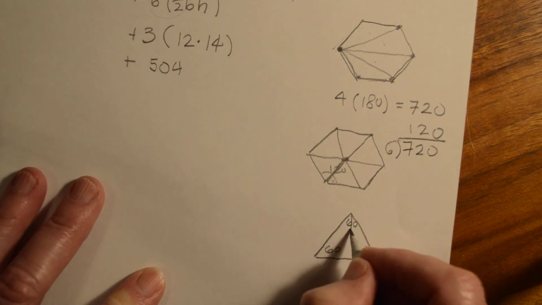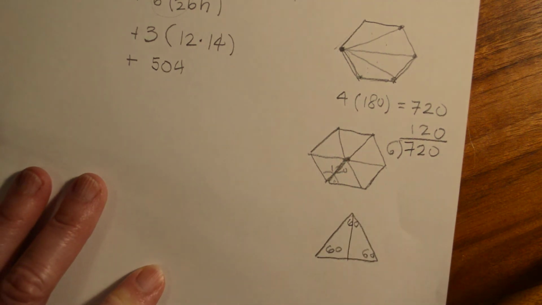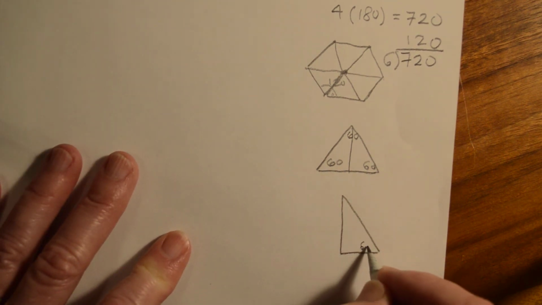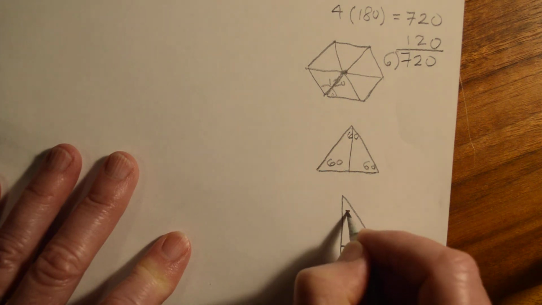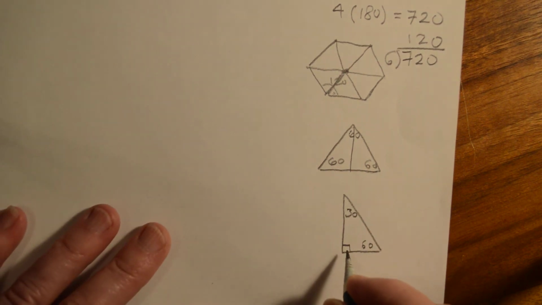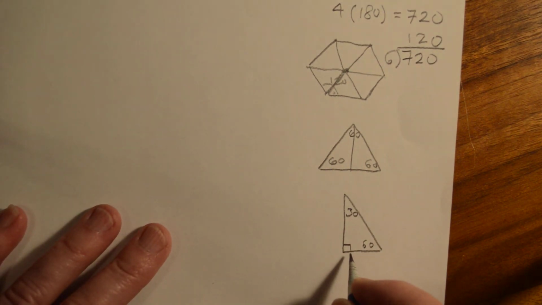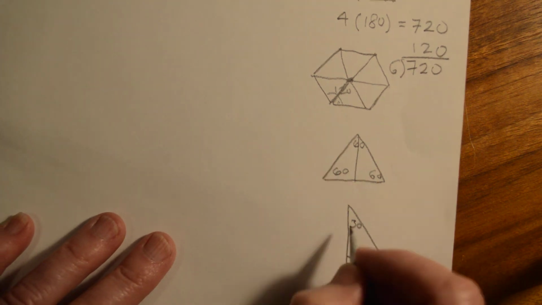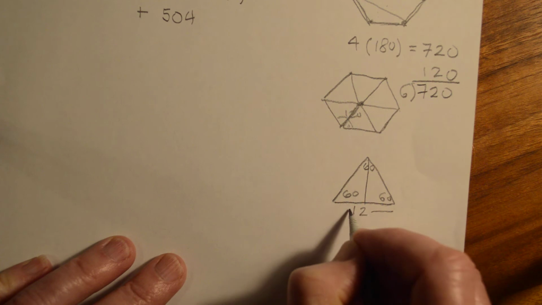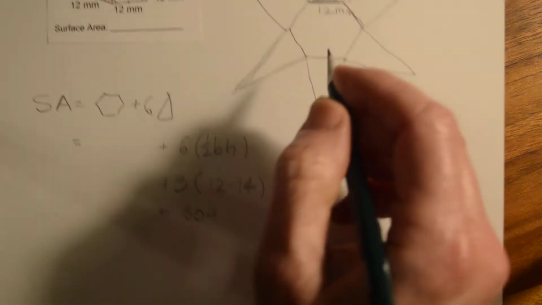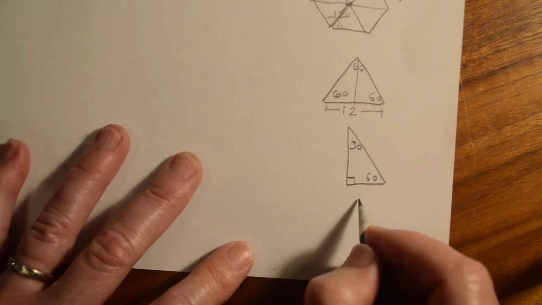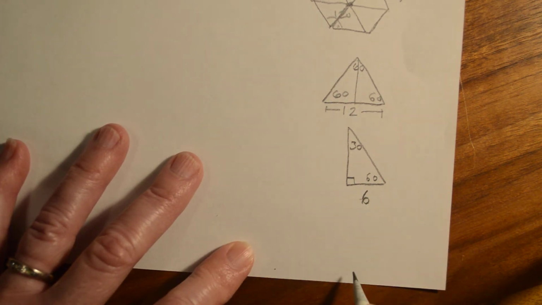And then we split it down the center, and we make 2 triangles that look like this. All right, so 30, 60, 90, one of our special right triangles. We know that this side down here is 12. We were told that in the diagram up here. So then when we come back to this triangle right here, we can say that's 6.